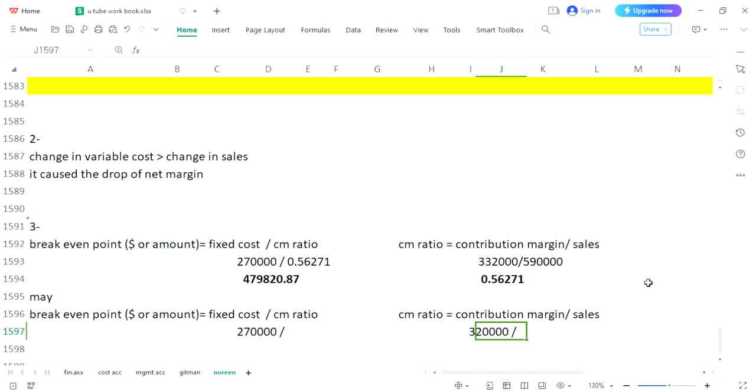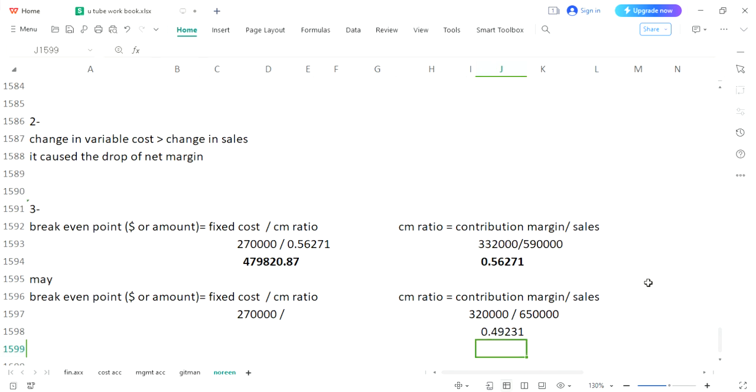So what you will do, you will be dividing 650,000 over here. Statement is completed. Let's put it on our calculator: 320,000 divided by 650,000.